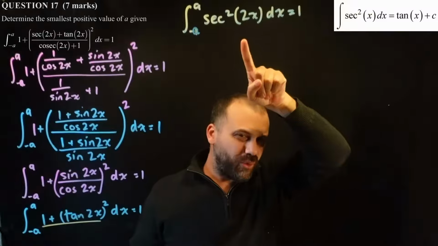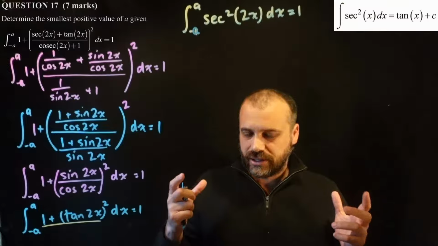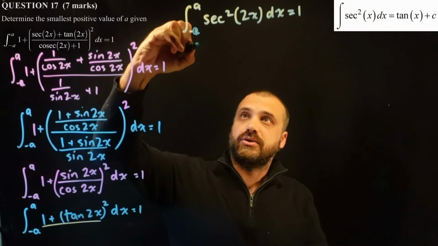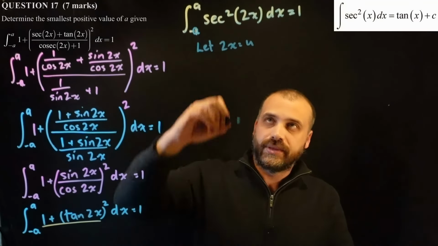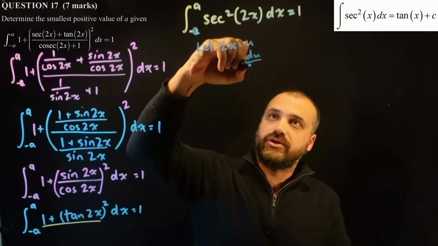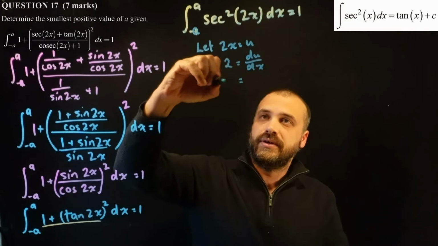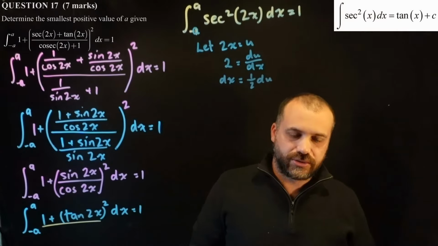So it's not quite what we want because it's got a 2x instead of an x, but luckily we can still use a u substitution to get through this. So we can say let 2x equal u, which means that the derivative of u with respect to x is equal to 2, and we can say that dx is equal to half du.